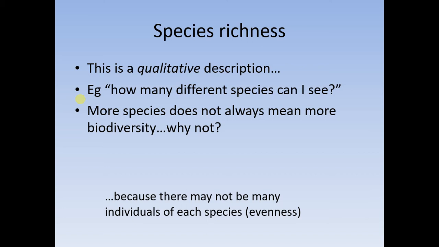You might have 5 different species in that given chunk of forest, but 90% of the individuals you find there are all of type 1. Right, 5 different species, but maybe 90% of the individuals are all of the same species. You can't necessarily say that is incredibly diverse, right? So, species richness doesn't tell the whole story about biodiversity. It is not enough just to measure species richness.